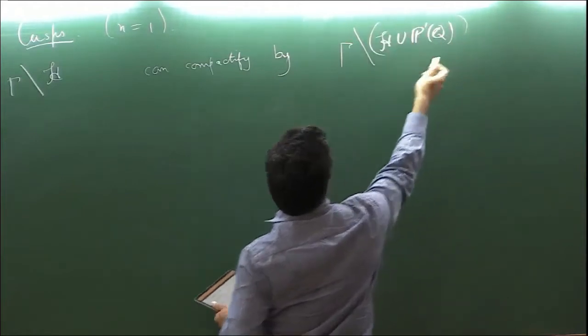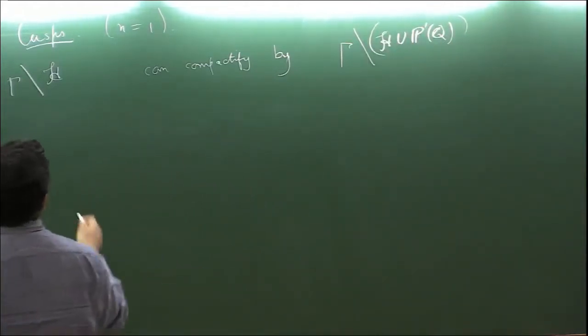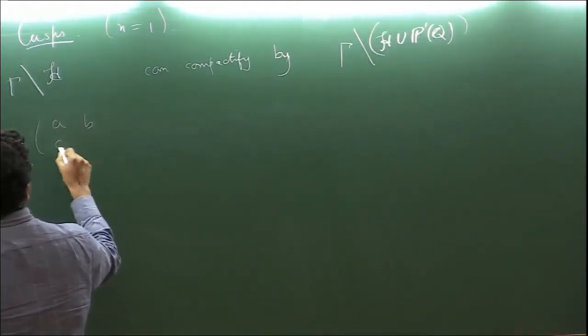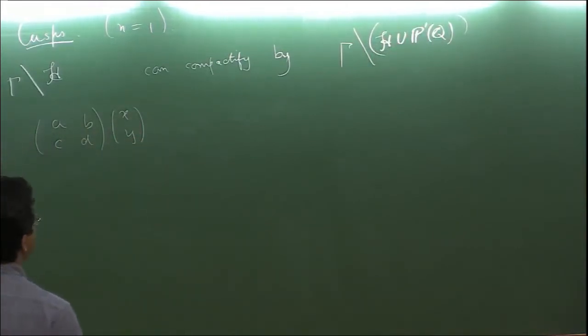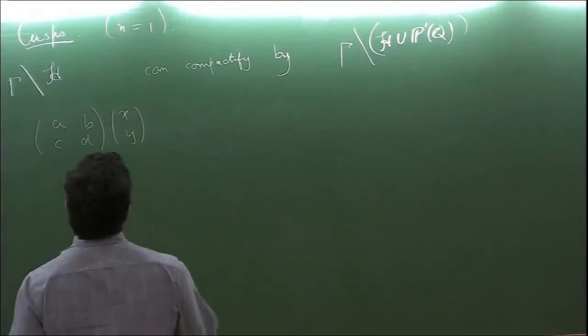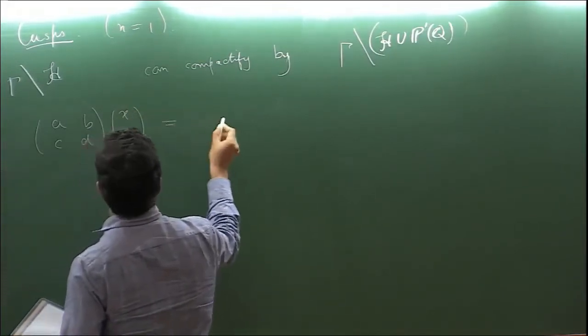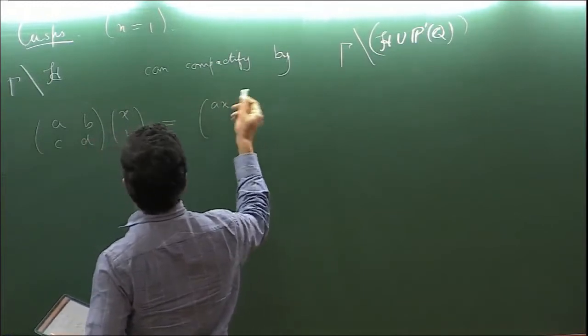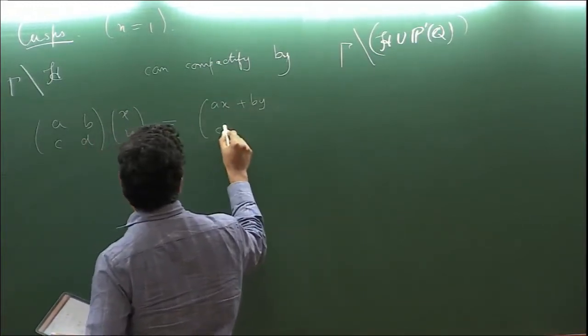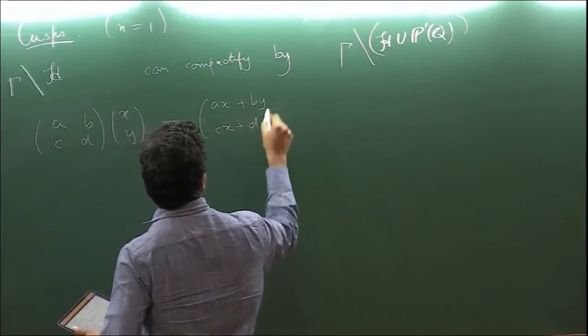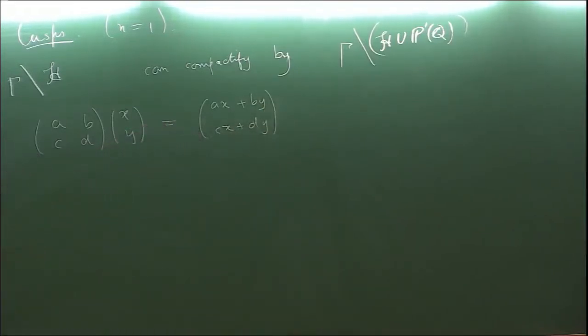Okay, so any element of P1Q you can write as X comma Y, up to scaling by the same non-zero element of Q. This is well defined, and the action is given by matrix multiplication. Okay, so this is the action.